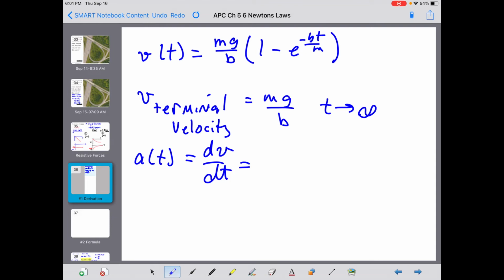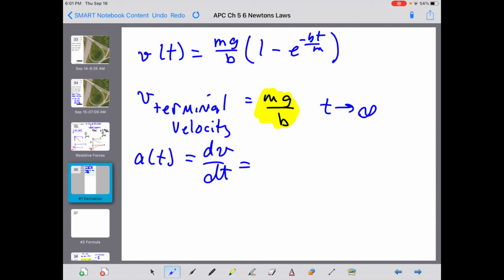So we left off yesterday talking about drag force and terminal velocity. Terminal velocity, based on the equation we came up with, is mg over b, because as time approaches infinity, that e to the negative bt over m term approaches 0. So then your velocity approaches mg over b.